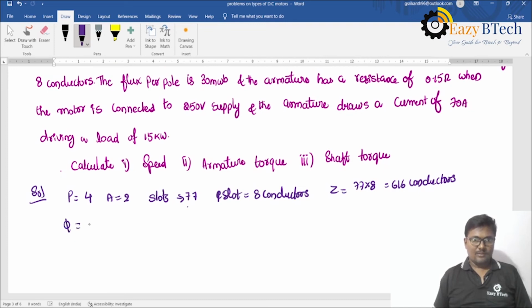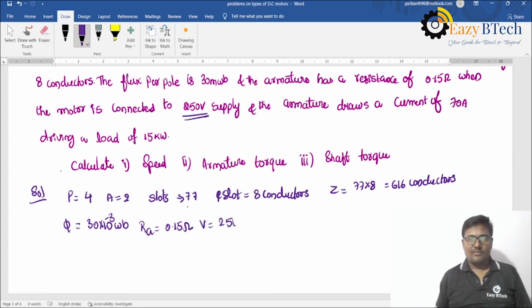The flux per pole is 30 into 10 to the power of minus 3 Weber. The armature resistance is 0.15 ohms. When the motor is connected to a 250 volt supply, the armature draws a current of 70 amperes, driving a load with output power of 15 into 10 to the power of 3 watts.